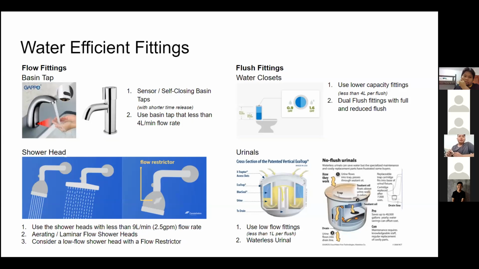We can use a rated low-flow shower head, and also consider a low-flow shower head with flow control. For the water closet, we can use a new flush fitting that can control the amount of water used. And for the urinal, we can use waterless urinals to replace the existing urinals.